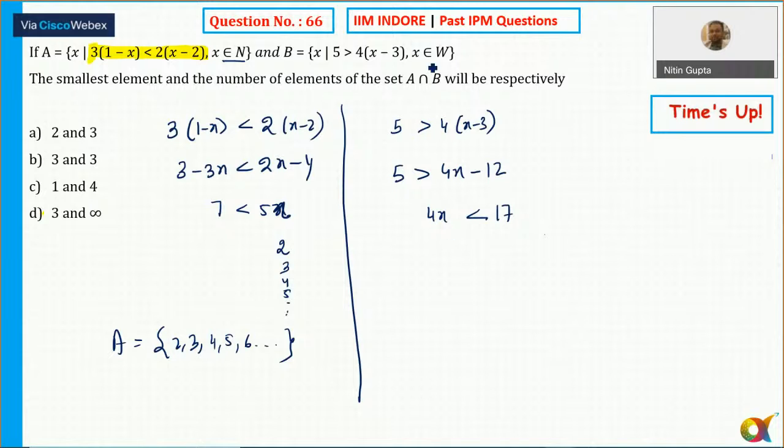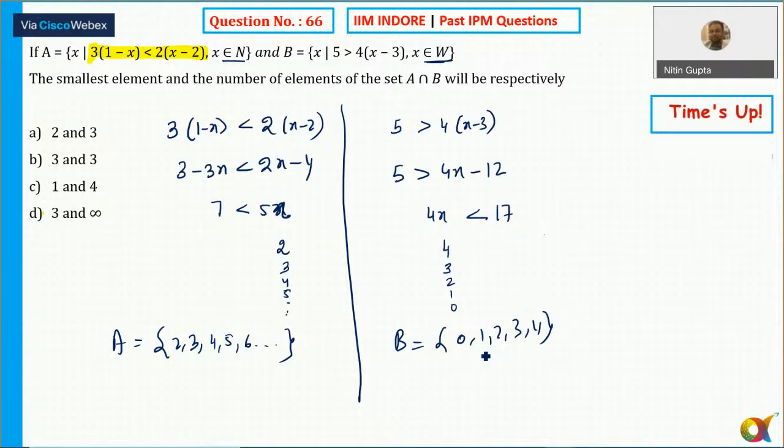And x is a whole number, W means whole number. The maximum possible value of x is 4, or it can be 3 or 2 or 1 or 0. So B is equal to 0, 1, 2, 3 and 4.